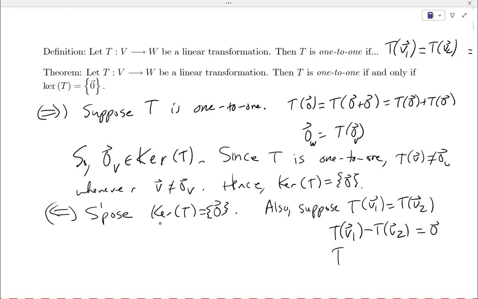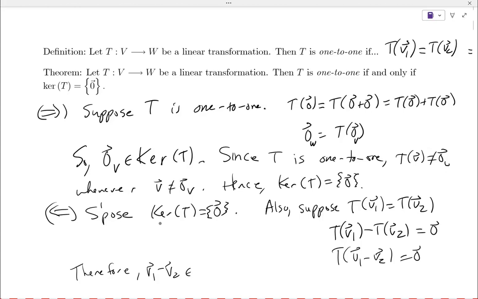Yeah, this is T of V1 minus V2, right? Transformations break up over sums or differences, but they also combine over that. Where does this tell me that V1 minus V2 lives? If I take the transformation and apply it to that vector, I get the 0 vector. Where does V1 minus V2 live?